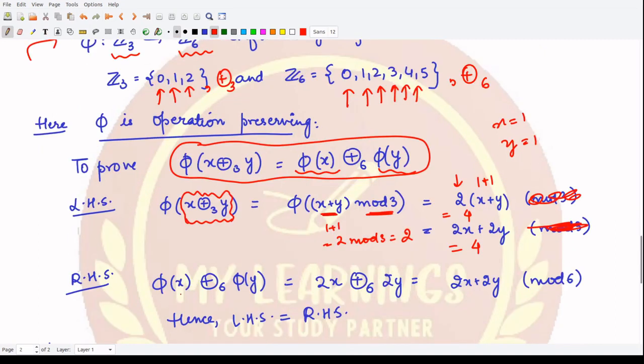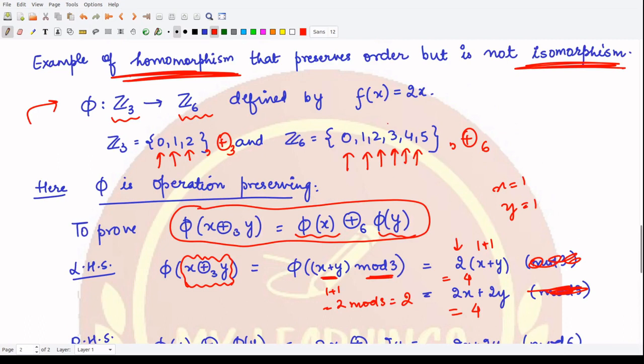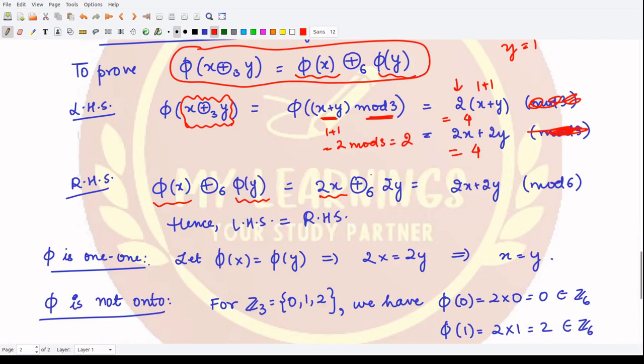And when you solve the right hand side, phi of x addition modulo 6 with phi of y, the value of phi of x is 2x by definition, and the value of phi of y is 2y.